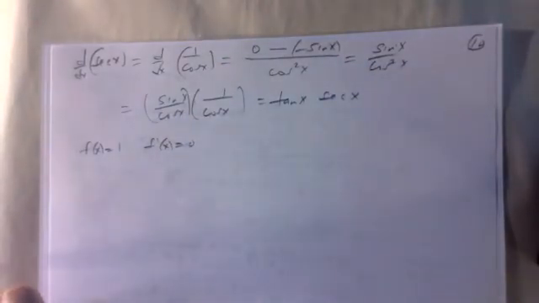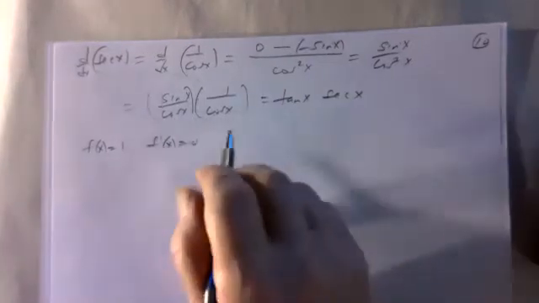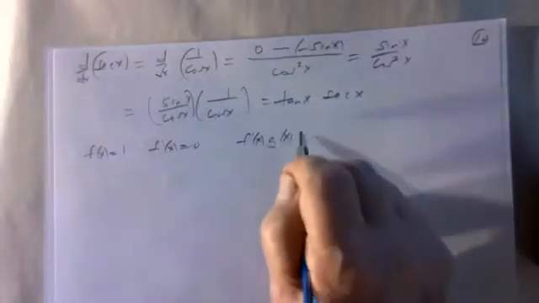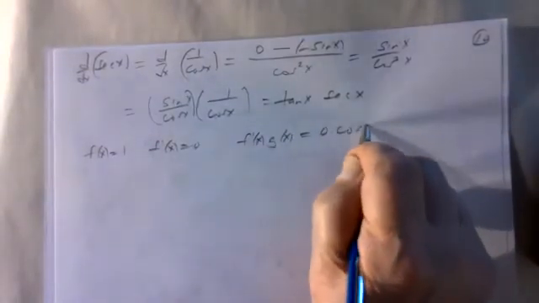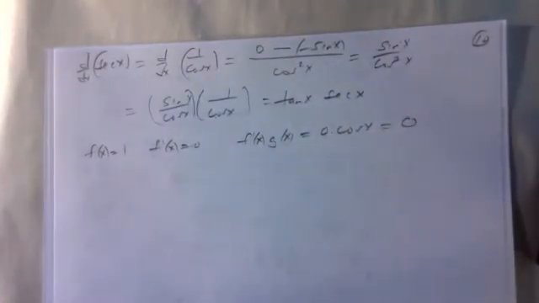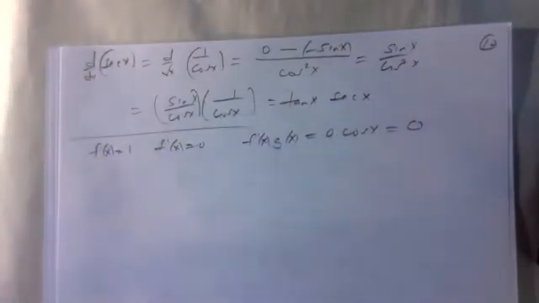So it should be f of x times g of x, right? So you would get f prime of x, g of x in this case, would be 0 times cosine of x, and anything times 0 is 0. Okay, I see. Yep, exactly.